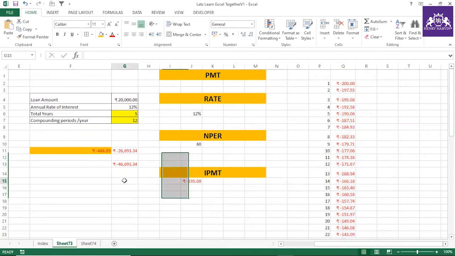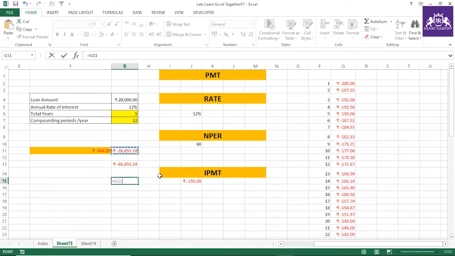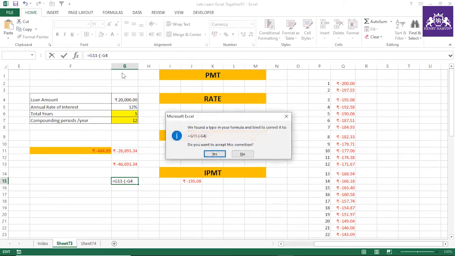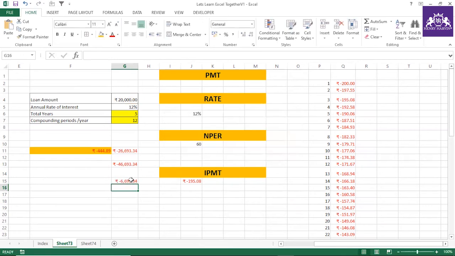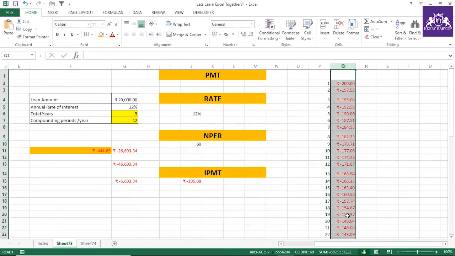So if you subtract from this minus this, you see that both the amounts are negative, so you can just do it this way. All right, now you see 6693 is the total interest we are paying, and this is how it is calculated, guys.